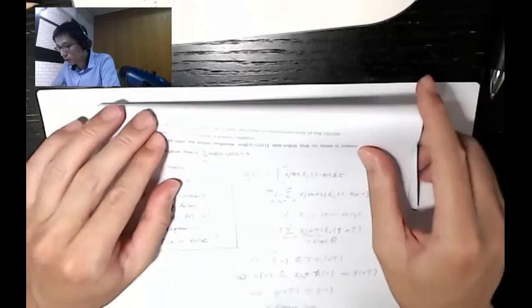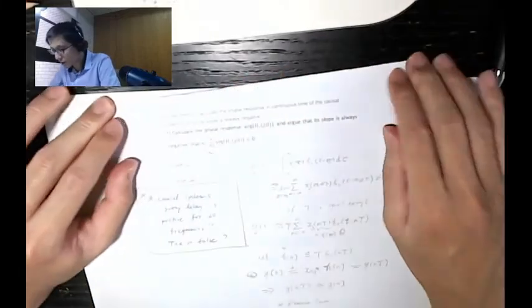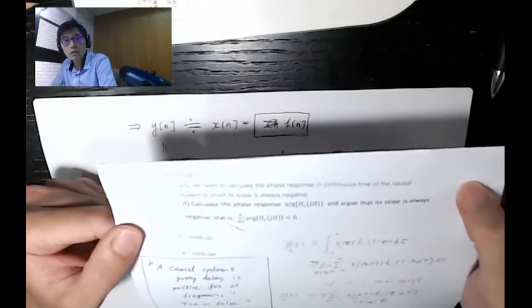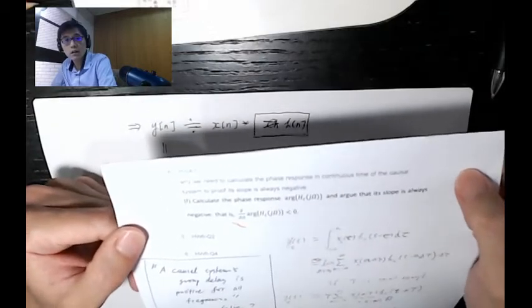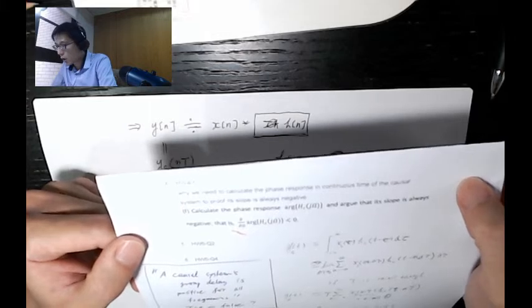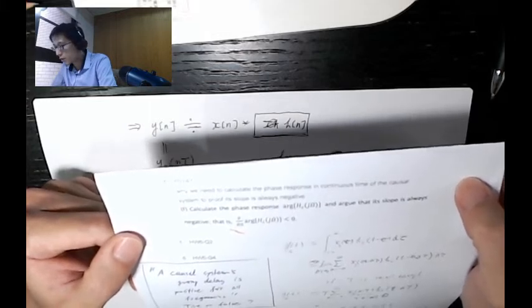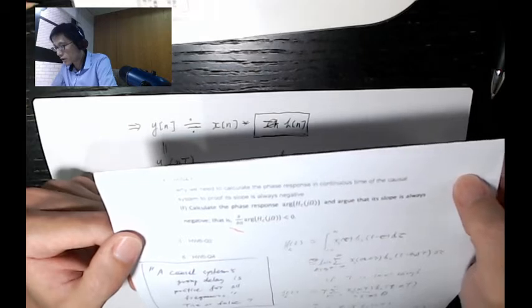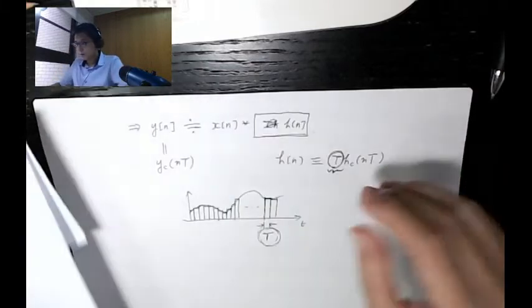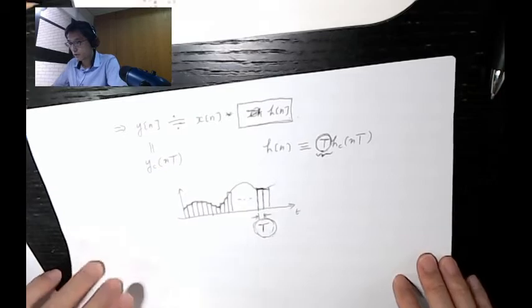The fourth question, I'll read it first: why do we need to calculate the phase response in continuous time of the causal system to prove its slope is always negative? Okay, I'll change the other side.